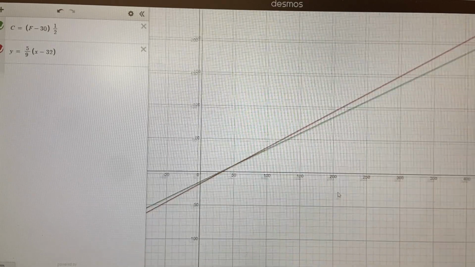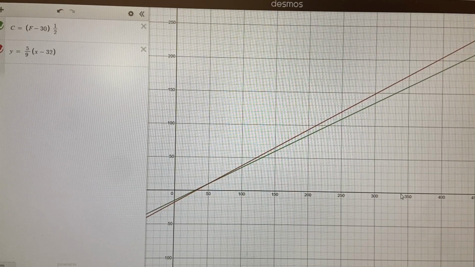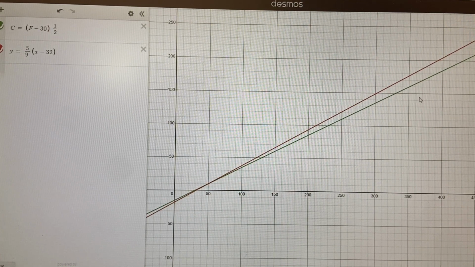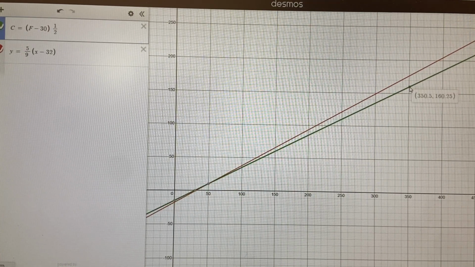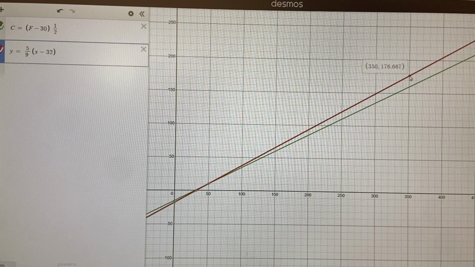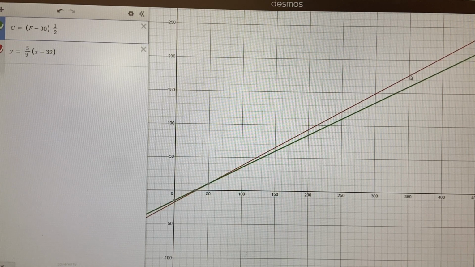So for cooking temperatures 300, 375, whatever, 350 for the oven, the difference here now in Celsius readings is, let's see, just zoom in or click on it, 160 versus 176. So now the difference here is like 15 degrees.